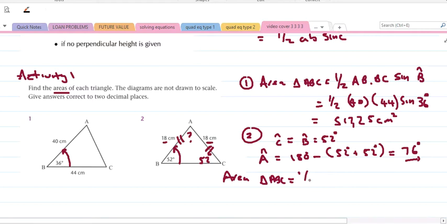Half AB times AC sine of angle A, which is half times 18 times 18 sine of 76 degrees.